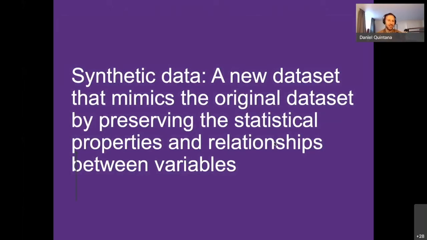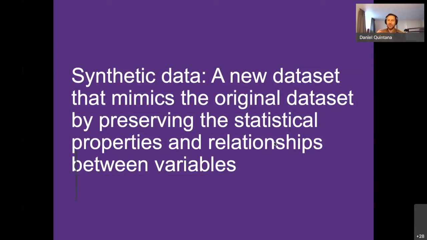This is a data set which shares or mimics the statistical properties of the original data set, while having none of the individuals have exactly the same information. So you have this data set of synthetic people that if you run the same analysis, you're going to get almost the same, if not the same, results.